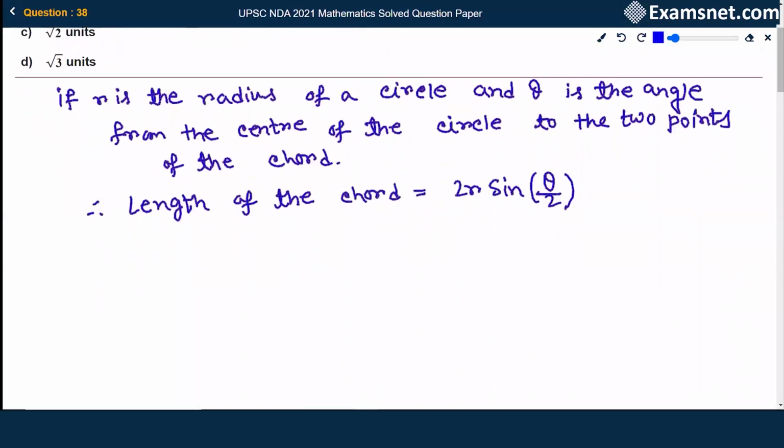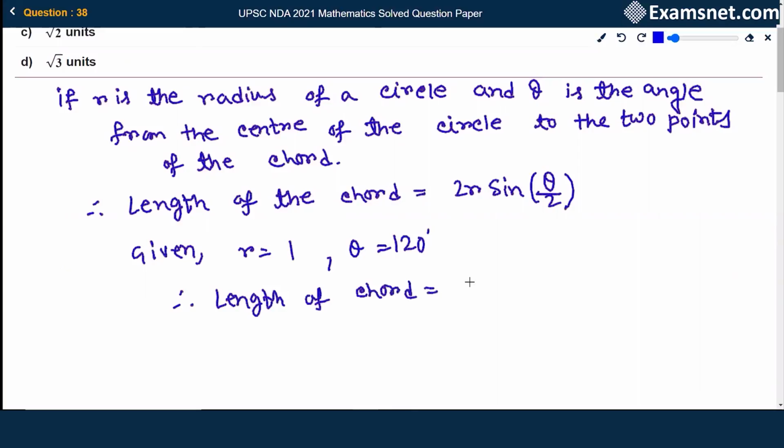In this question, r is 1 because it is a circle of unit radius, and angle theta is 120 degree. Therefore, the length of the chord will be 2 times 1 times sine of 120 degree by 2.